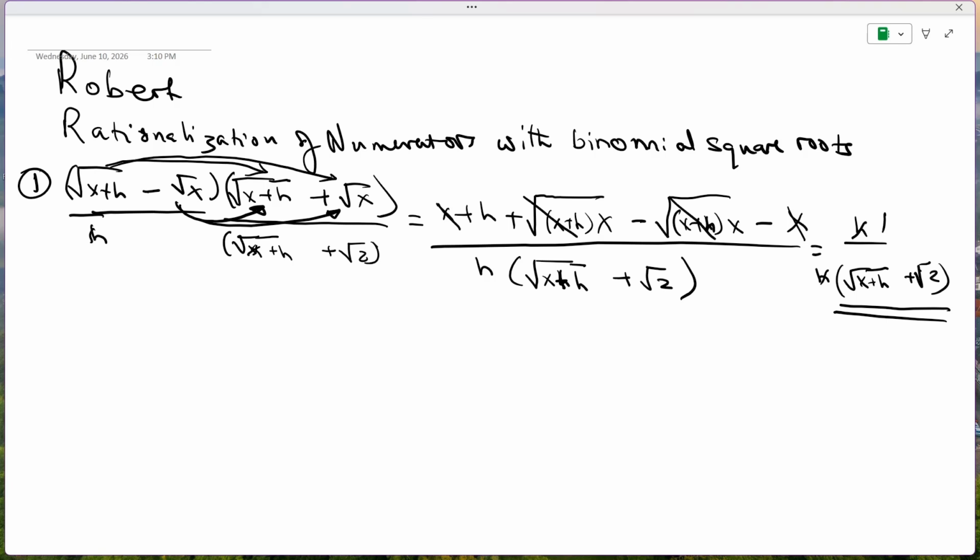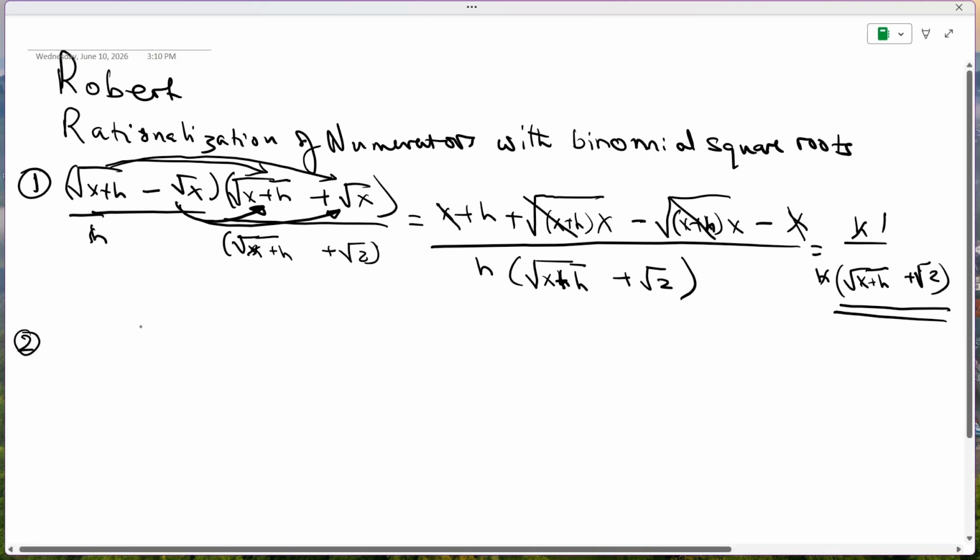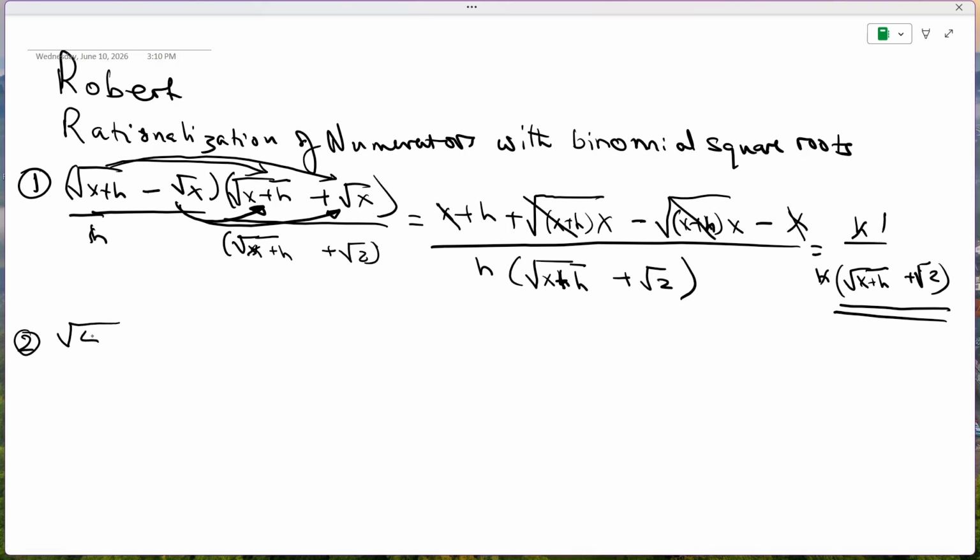All right, now let's look at another example. Let's suppose we have root 4 plus h minus 2, and this is divided by h.